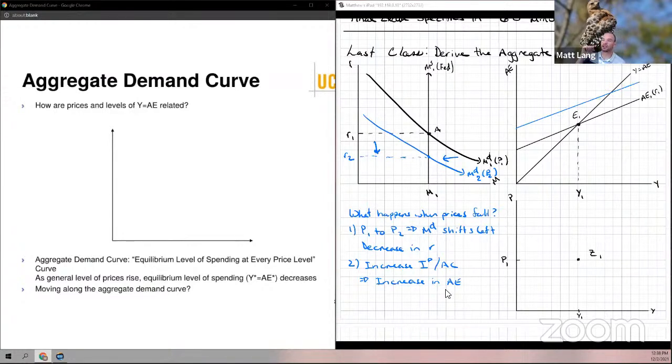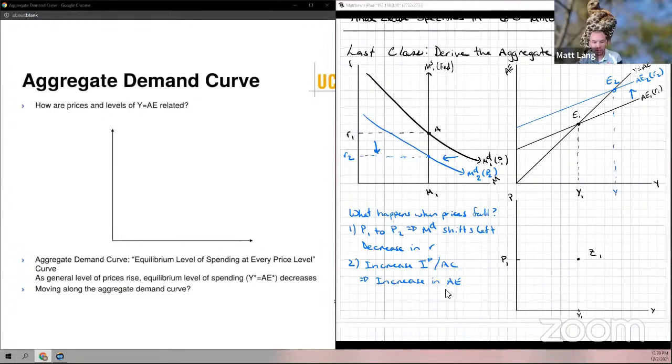So this new AE curve will have an interest rate of R2 attached to it, which is lower than R1. We've lifted up AE. We've got this new equilibrium at E2. Okay, so now we're here at Y2. So what we have now is a new combination of prices and this equilibrium output Y equals AE, which is now Y2, which is greater than Y1.